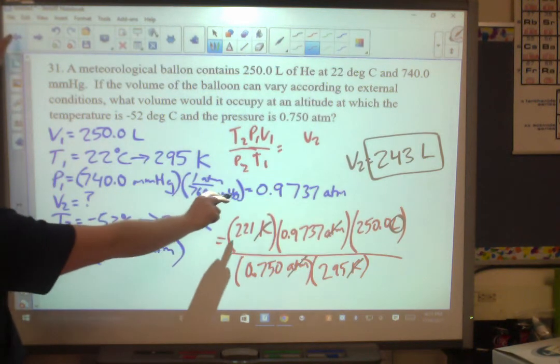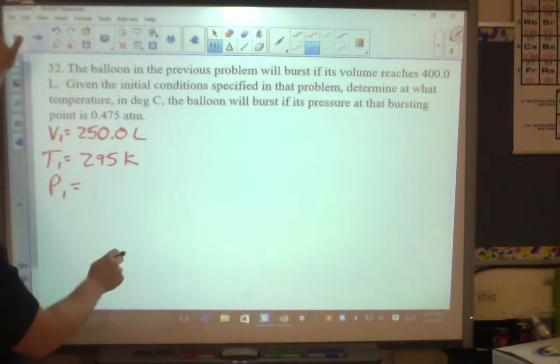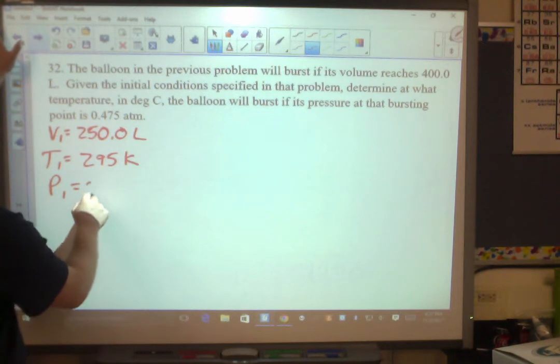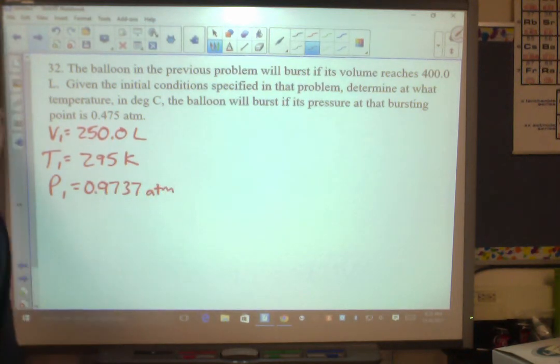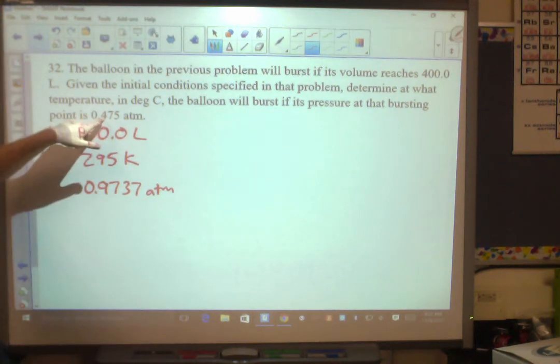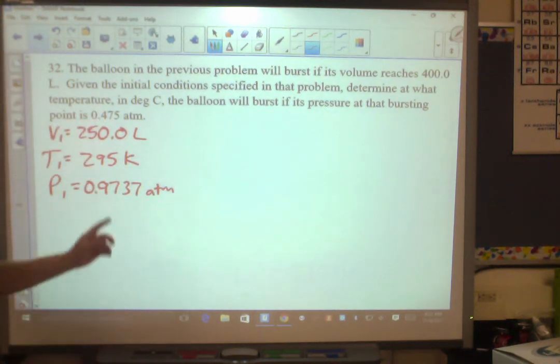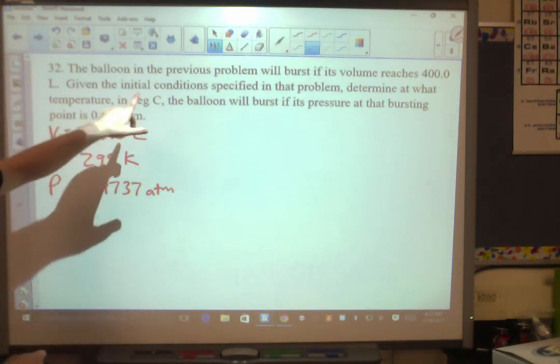P1 is 0.9737 ATM. Now actually, I happen to get lucky because notice this final pressure is given in ATM too, so I would have had to do the math again to change it after. Anyway, I have my initial conditions.